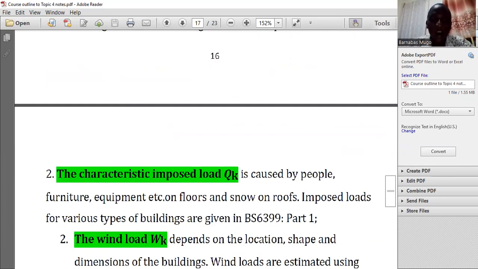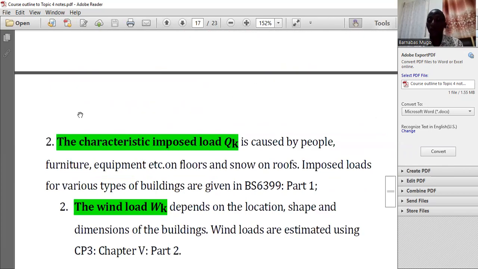Then we have the imposed load. Imposed load includes the people occupying that building, the furniture, and the water. When water is in a tank, the water is occupying that tank. So water is the live load, but the tank itself is the dead load.